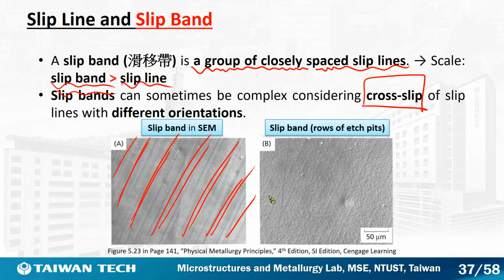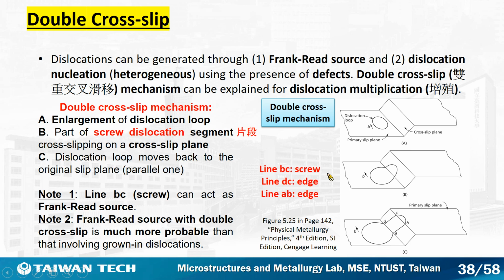So for different slip planes, we may observe it like this. So it will be more complex. Okay, let's talk about a different term. We call it double cross slip. So it's very important for you to identify slip, cross slip, and double cross slip.